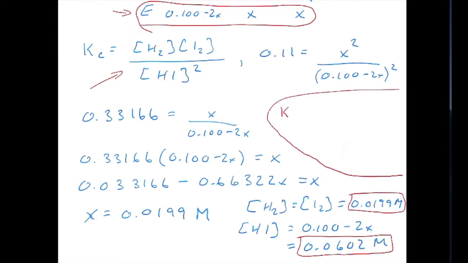So let's go, Kc equals 0.0199 squared, so that's our I2 and our H2, divided by 0.0602. That's also squared because HI is squared. So if we solve that, Kc ends up being 0.109, which is pretty close to the 0.11 that we were given in the question.